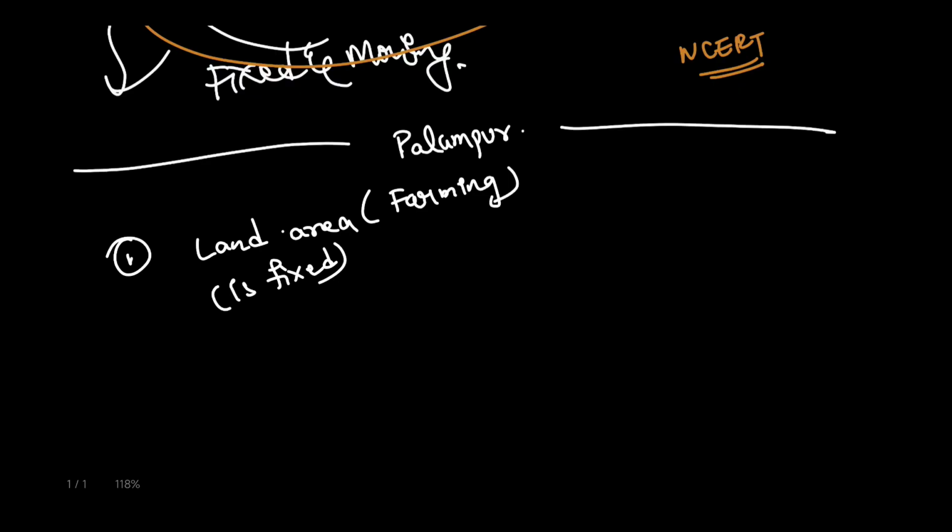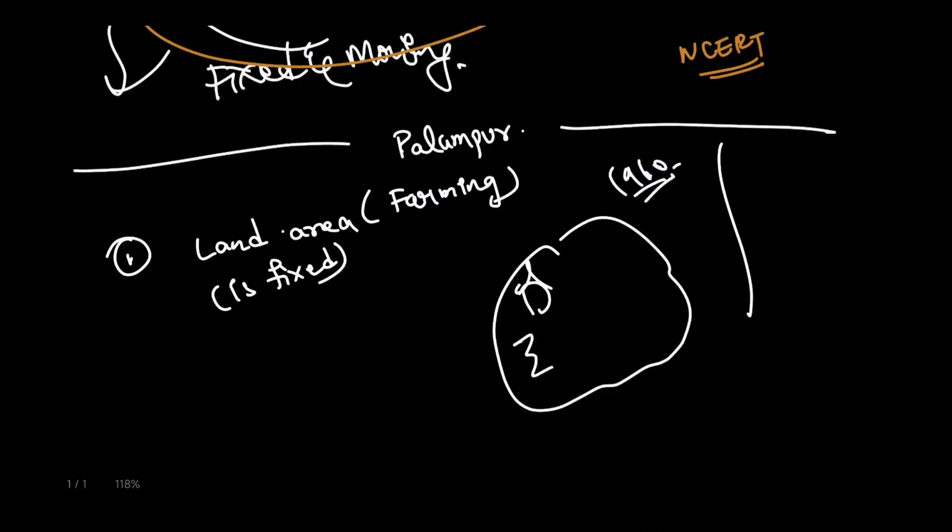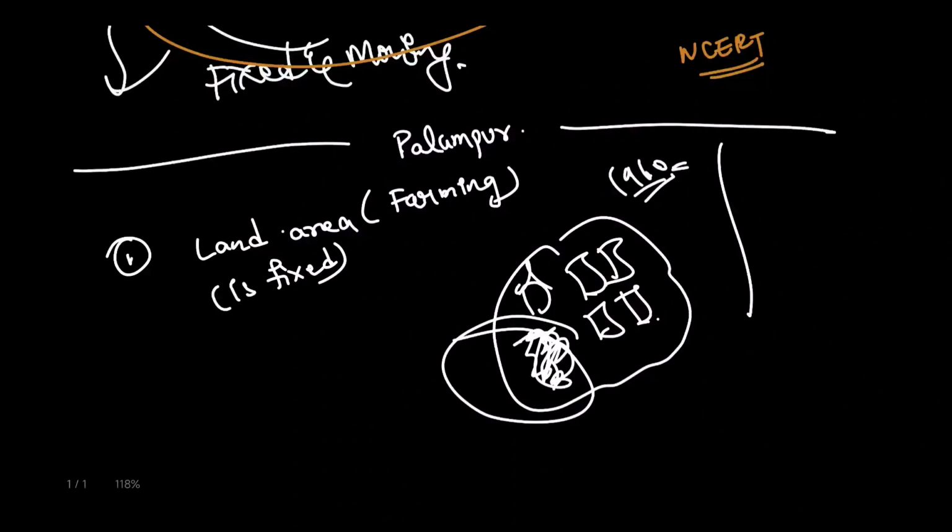Let me explain it in depth. Till 1960, in this village there was some unusable land and some cultivable land. There was some wasteland which was not being used for farming, but after a decade or so, they optimized everything and made it all cultivable farmland.